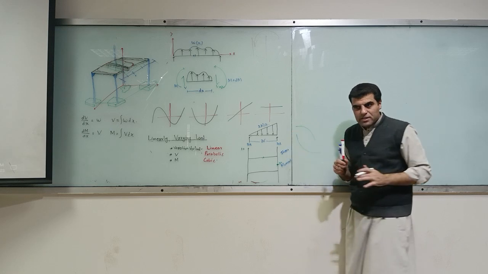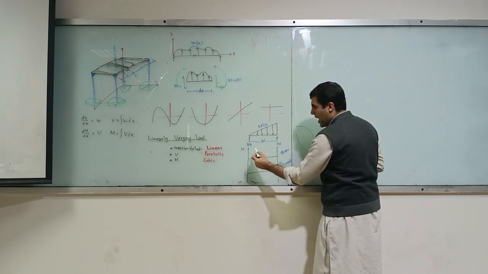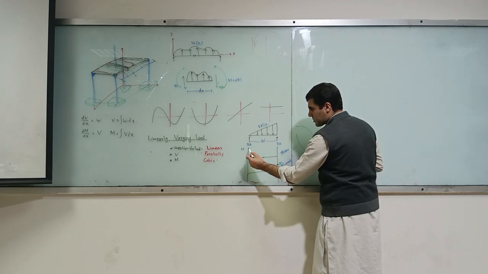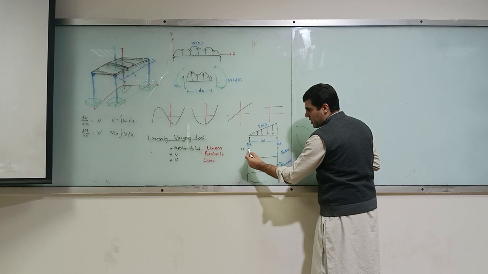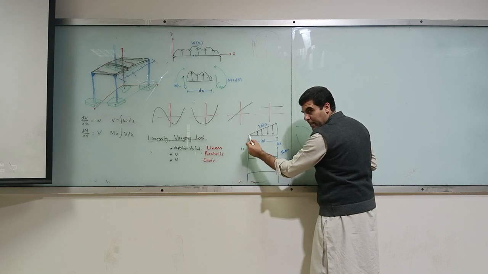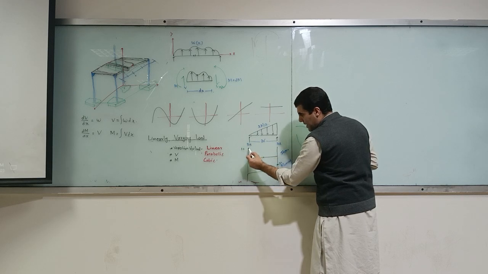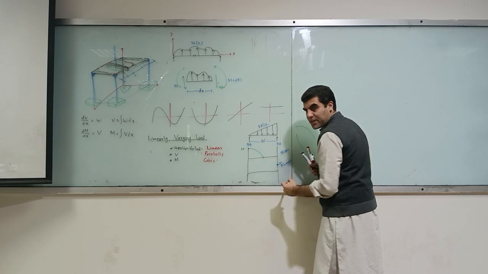Sir, why like this? Slope is increasing, because the load is 0 over here. So we would have slope approximately 0, and then this will increase like this.